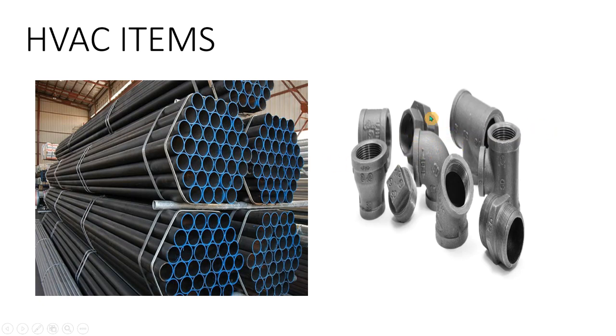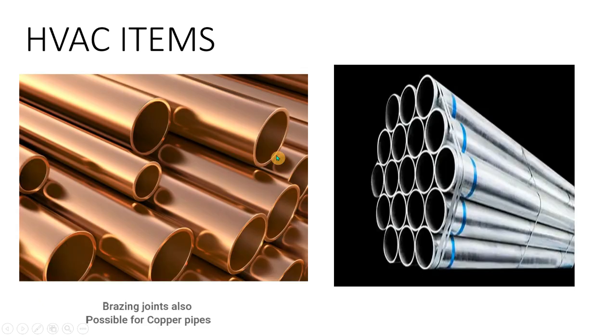Mostly for these fittings, you will be using malleable iron or ductile iron fittings for the black steel pipes in chilled water applications. When it comes to copper, we will be using capillary joints. When you prepare the quantity takeoff for internal purposes, you have to add all these items, like what fittings you need. Those items shall also be added.